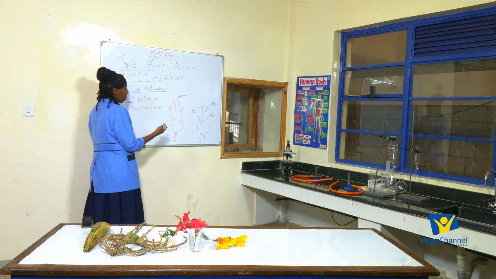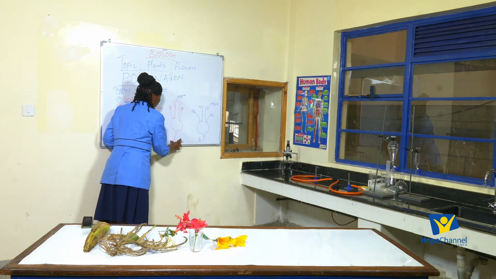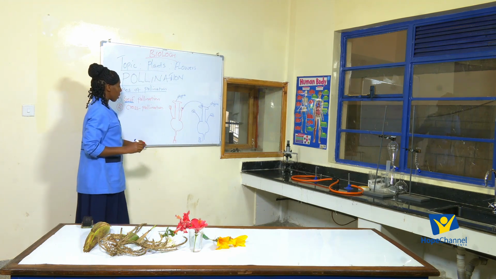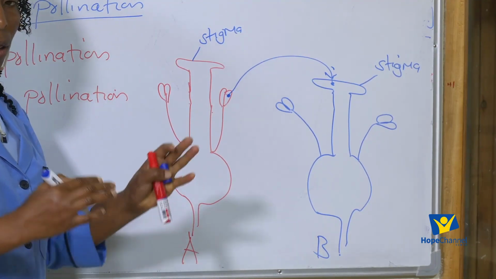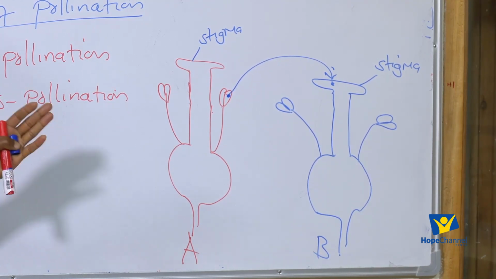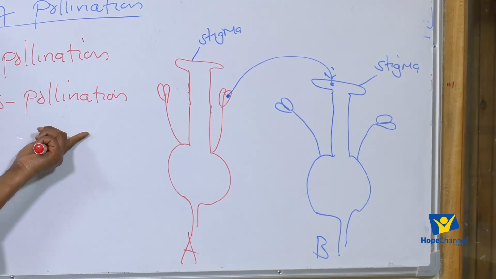So in this case, the pollen grains will be transferred from the anthers of this plant to the stigma of this plant, okay? But the plants are of the same species. It is only that they are different plants. So that is what we call cross-pollination.